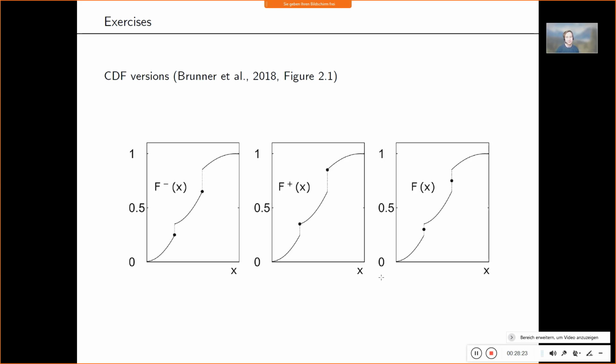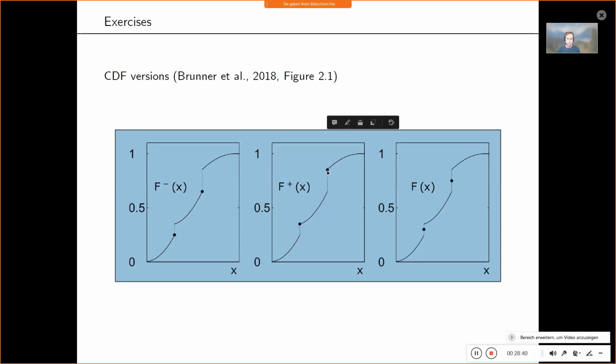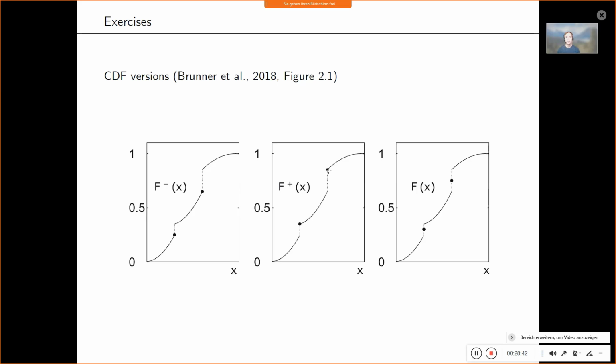So what we are dealing with is the one here in the middle, which is right continuous. So if we're here at x, down here, then we allocated to it the cumulative distribution function value here, where the dark dot is.